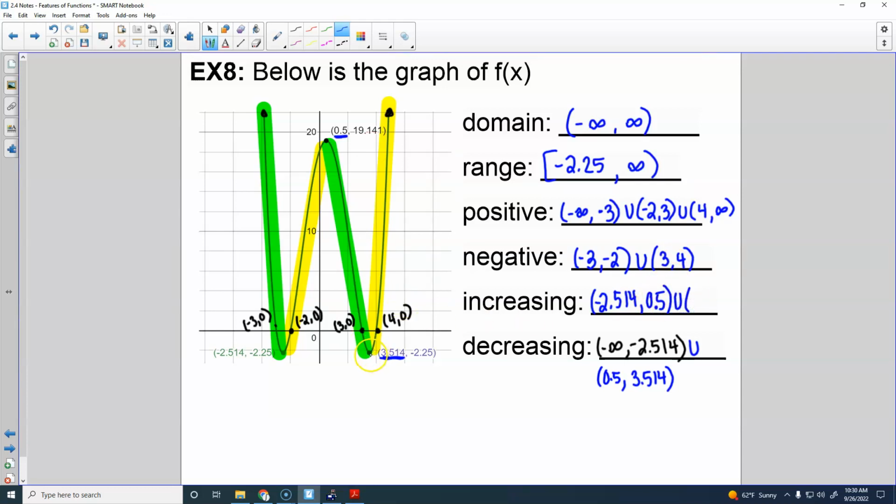And then the x coordinate here is 3.514, and then to infinity. There. Questions?